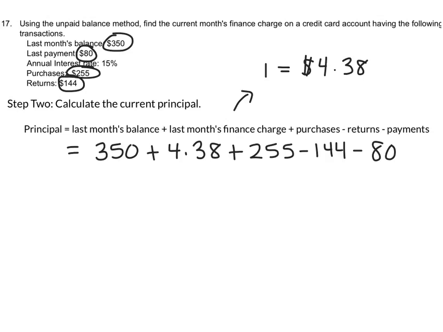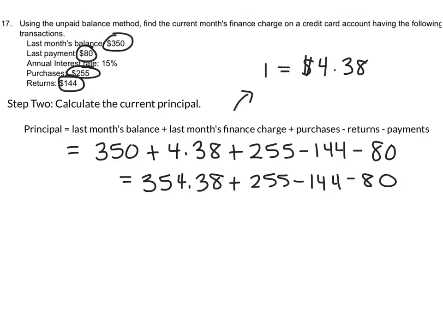Now when we do that, we can first add $350 plus $4.38, and we get $354.38. Then we'll add that to $255, so we get $609.38.